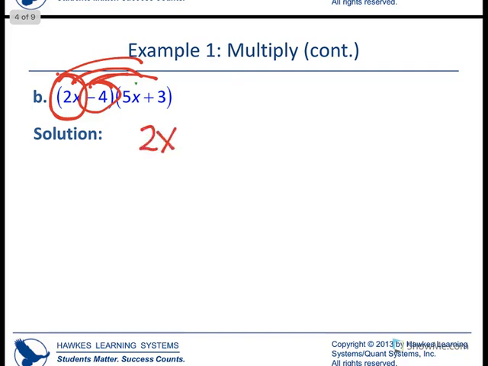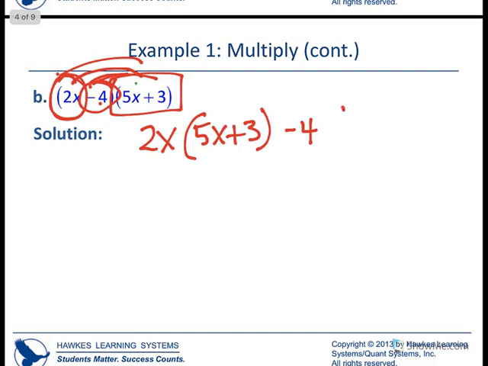So you have 2x, and then you're going to multiply 2x by this whole thing. So 5x plus 3, and then we have the 4, or the negative 4, excuse me. And then you're going to multiply that by the 5x plus 3.